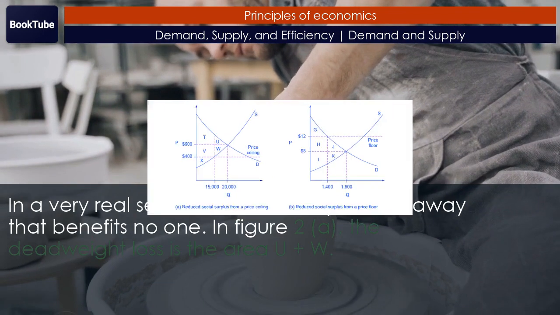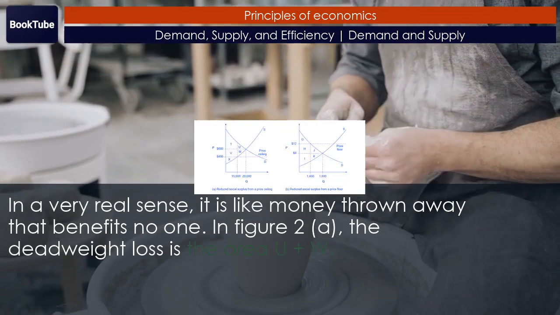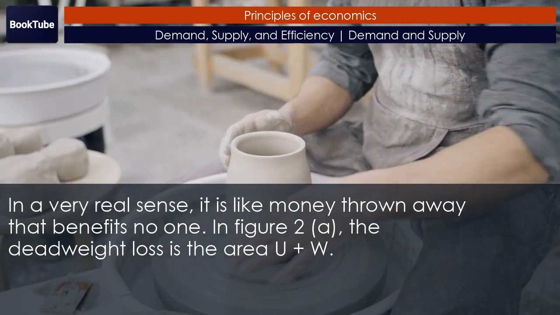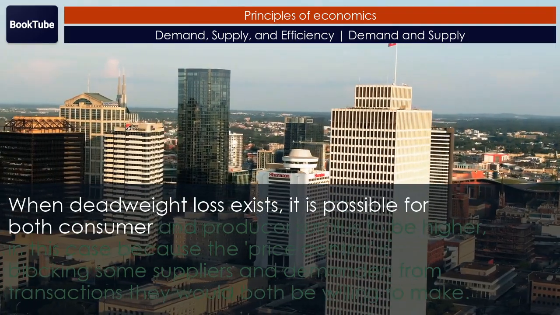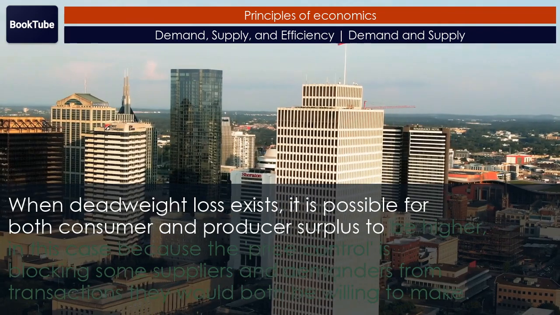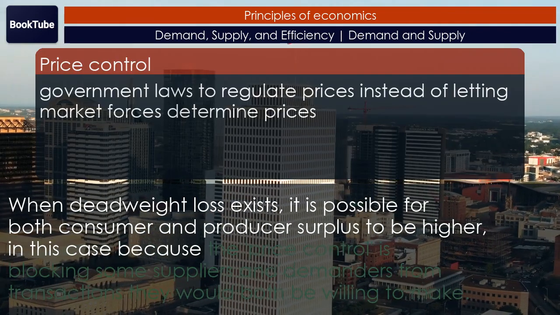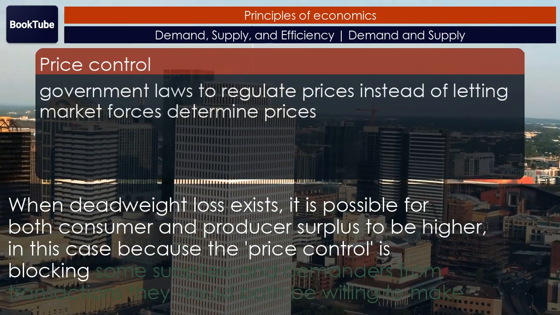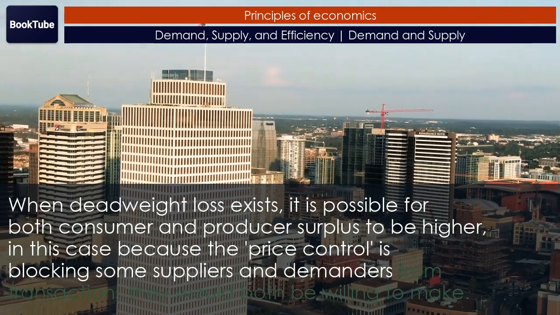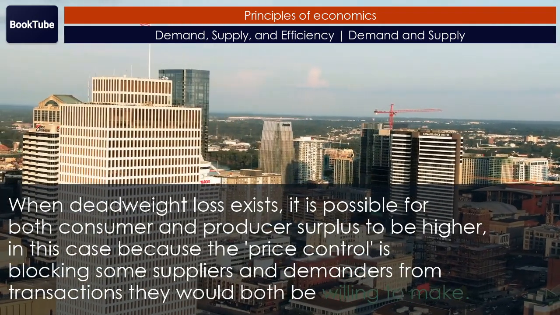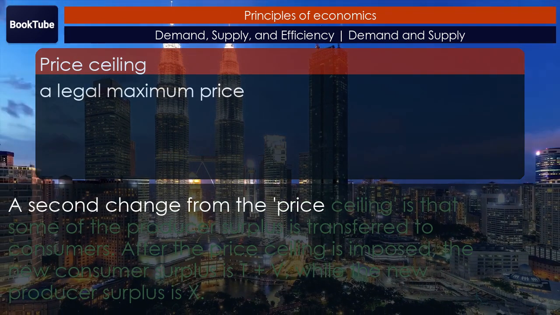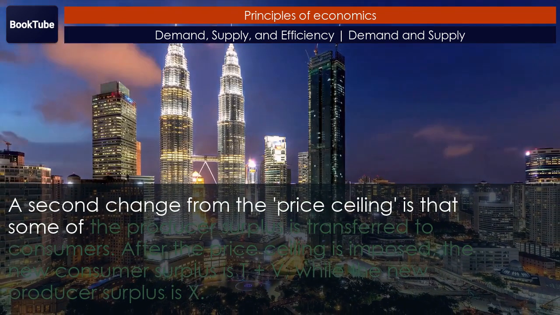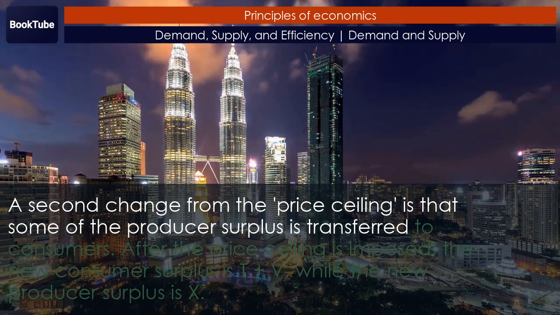In Figure 2a, the deadweight loss is the area U plus W. When deadweight loss exists, it is possible for both consumer and producer surplus to be higher. In this case, because the price control is blocking some suppliers and demanders from transactions they would both be willing to make. A second change from the price ceiling is that some of the producer surplus is transferred to consumers.